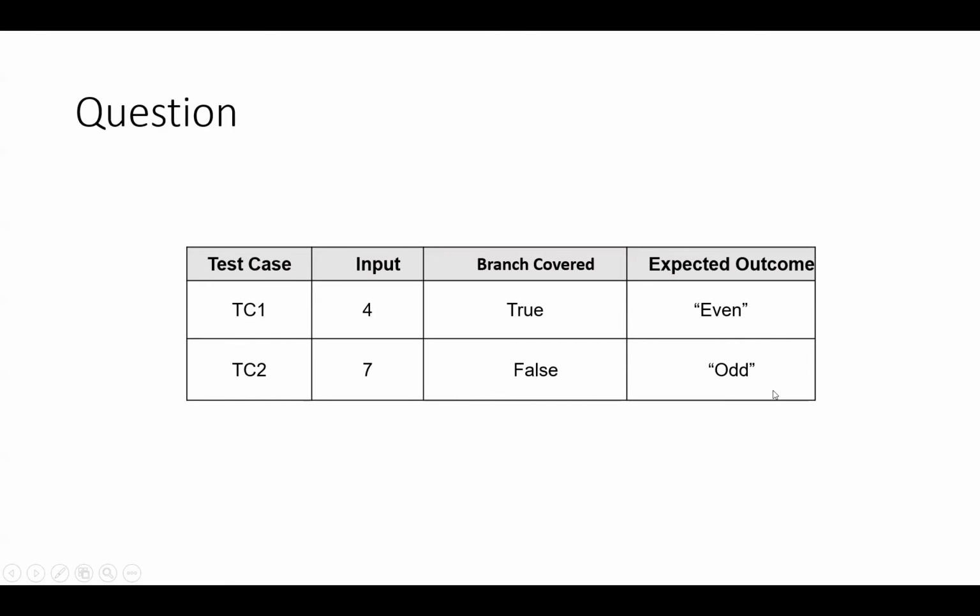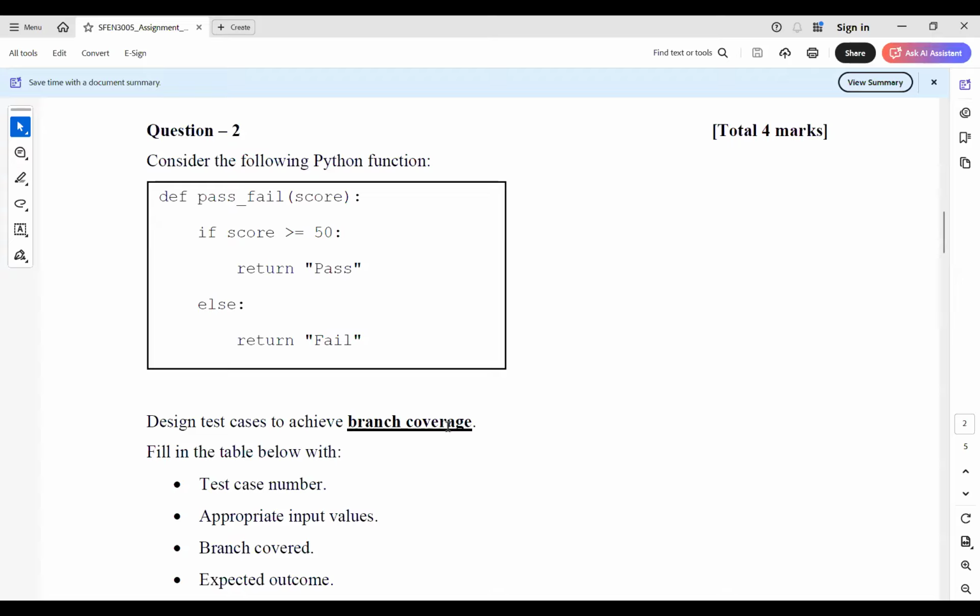So remember, when you're answering these questions, you are documenting the test case before you actually implement the test, right? So that's why it's the expected outcome. You're not testing it just yet. And that will be an example of how to do this branch question.